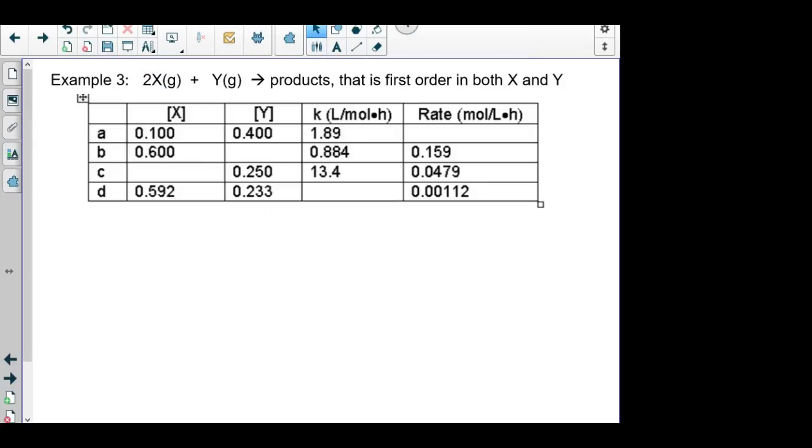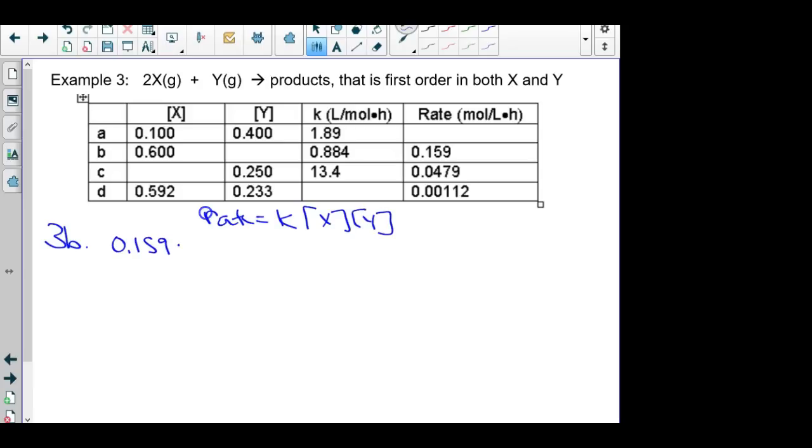Okay, for example 3B, let's remind ourselves, because I paused and switched the screen, rate equals K, X to the first order, Y to the first order. So for 3B, here's how we will proceed. So we have a rate this time, 0.159.